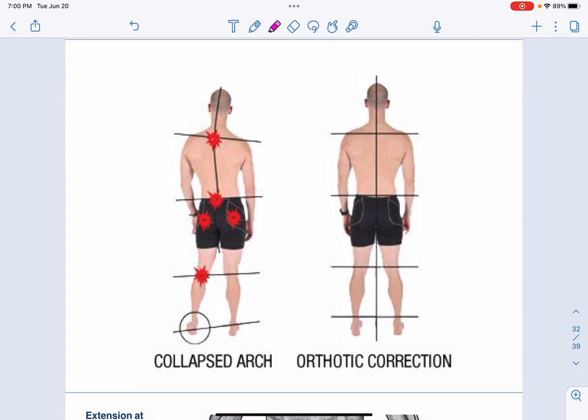And that puts a lot of pressure and weight on all the wrong regions. And so you can end up with back pain, lower back pain, lower leg pain. But if you can correct those arches, and again, you can get orthotics, those are inserts into your shoe, to correct those arches, that will help maintain proper posture so that it could eliminate some of the back pain that you're experiencing.